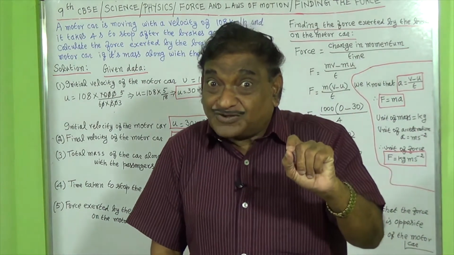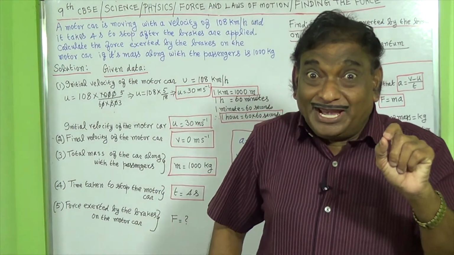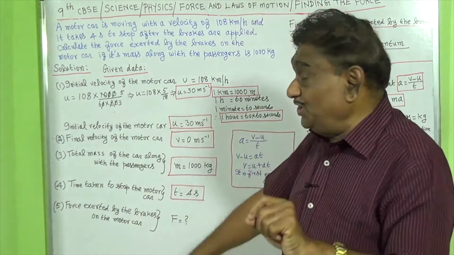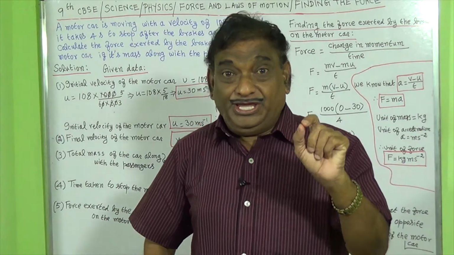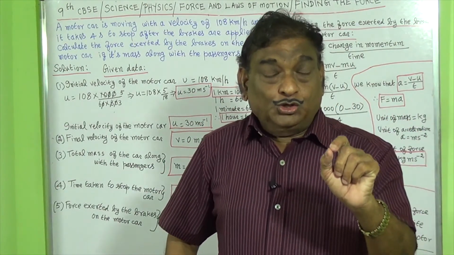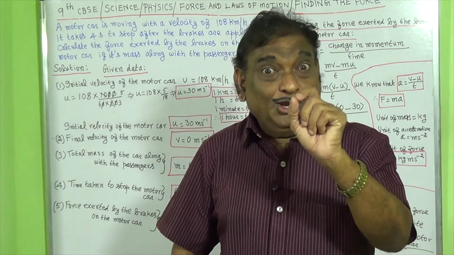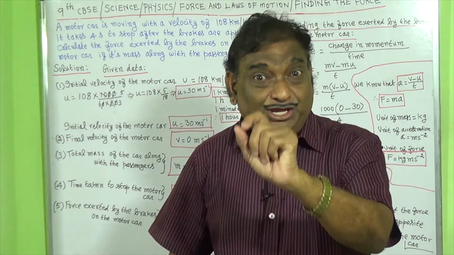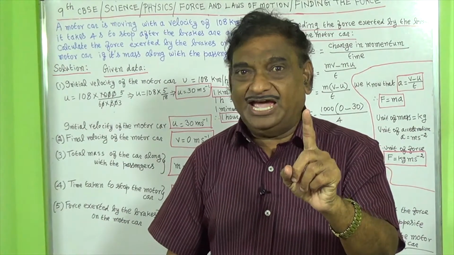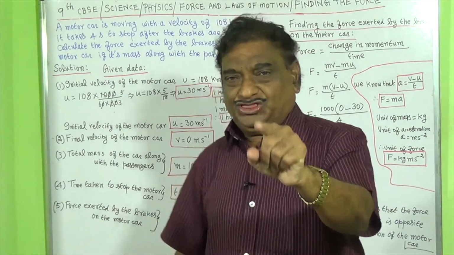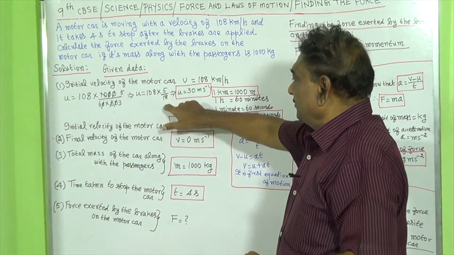So hereafter you can remember this information. What is that? If you want to convert the kilometer per hour into meter per second, you can multiply the given data with 5 by 18.